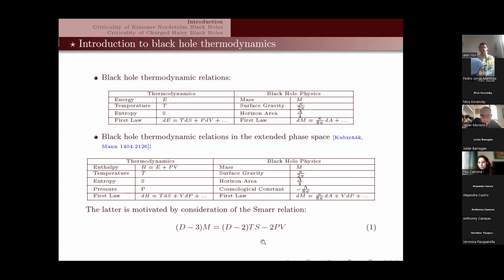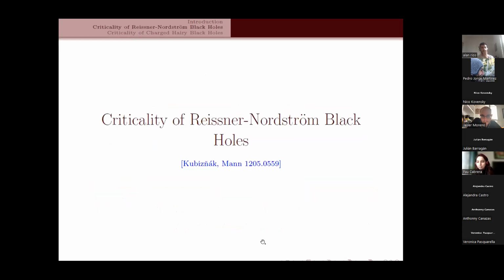First, we are going to review the criticality of the Reissner-Nördstrom black hole from this extended thermodynamic view. And this is a review based on the work of Kubiznak and Mann.